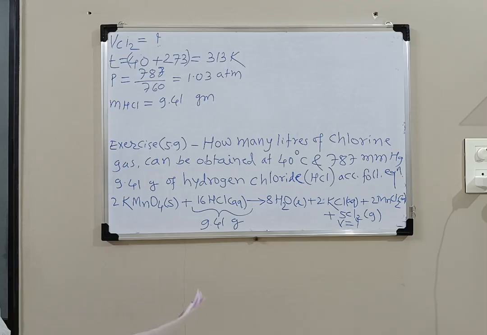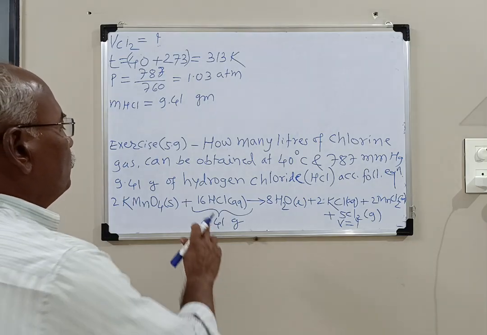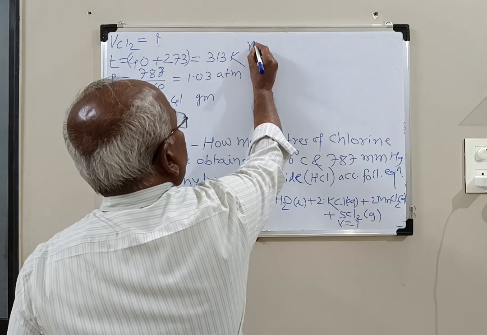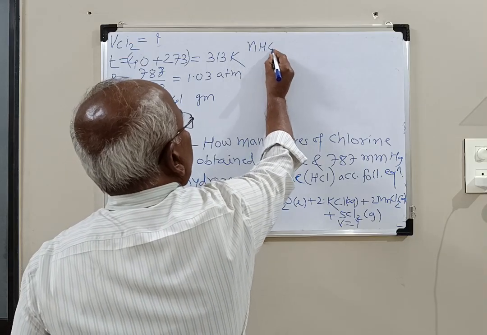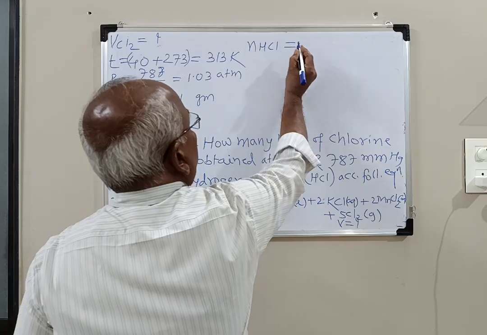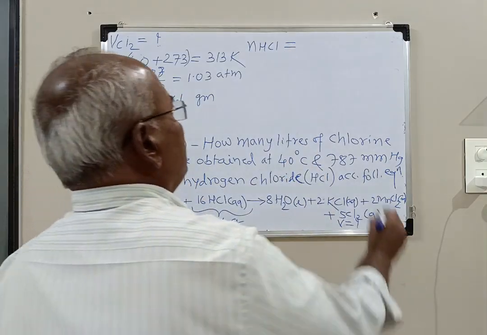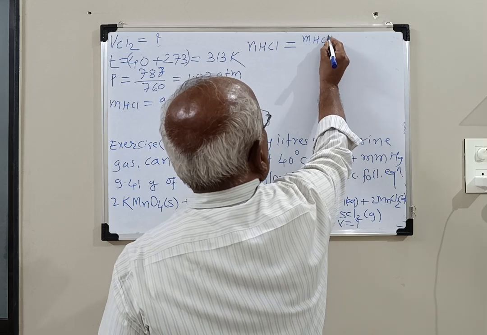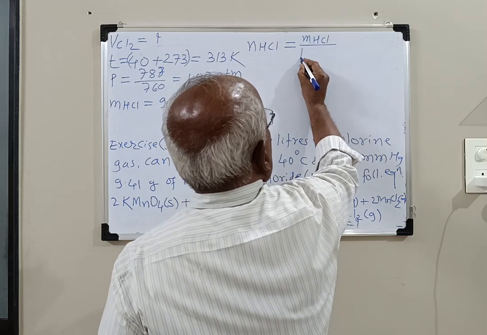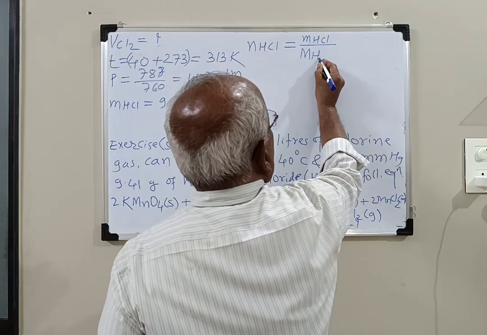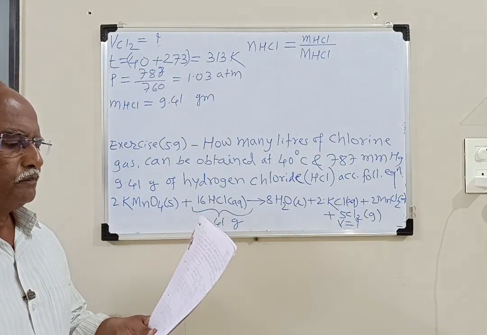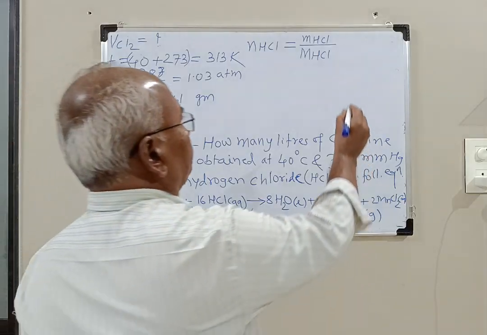So first, calculate moles of HCl. n of HCl is equal to mass of HCl divided by molecular weight of HCl.